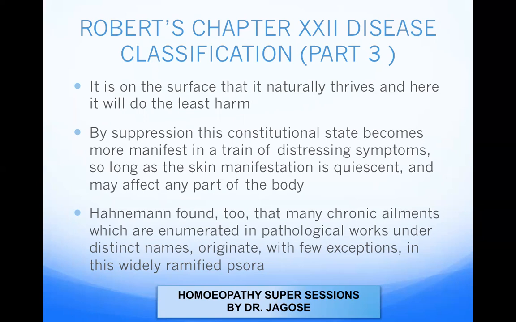By suppression, this constitutional state becomes more manifest in a train of distressing symptoms. Once suppression occurs, because of ointments, lotions or mineral baths, the skin eruptions vanish or are mitigated. Then a train of constitutional distressing symptoms comes up in the individual, as long as the skin manifestation is quiescent.